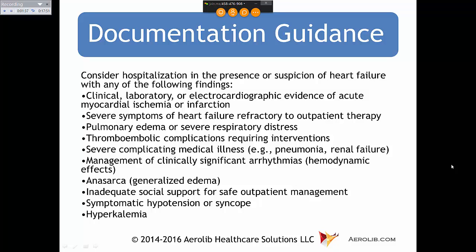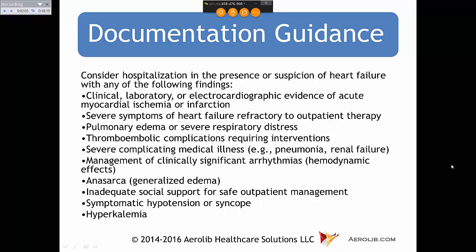Now, this has come up in a lot of the CMS open door forums, and it's a gray area on how do you define adequate social support. A lot of the physicians have done some great documentation in saying, this is a 90-year-old lady with an EF of 20%, 4 falls in the last 3 days, there's closed head injury, but there is no support at home, or the home situation hasn't been assessed.